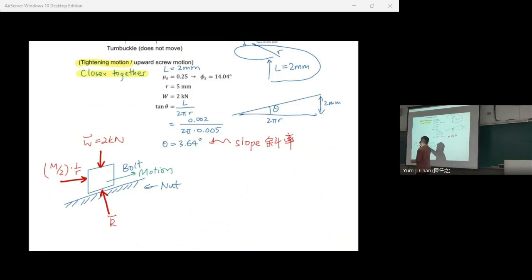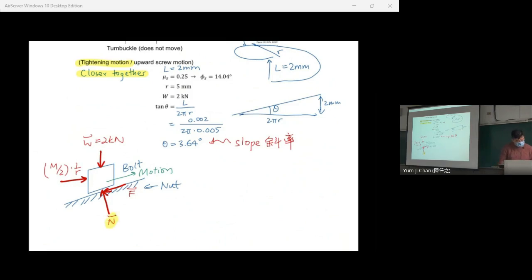Because motion is to the right, the friction goes to the left. I'm sorry, this is N, please take note.